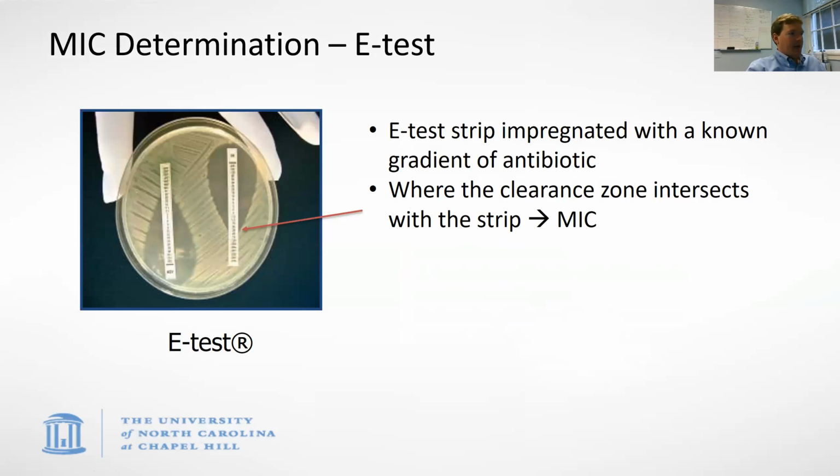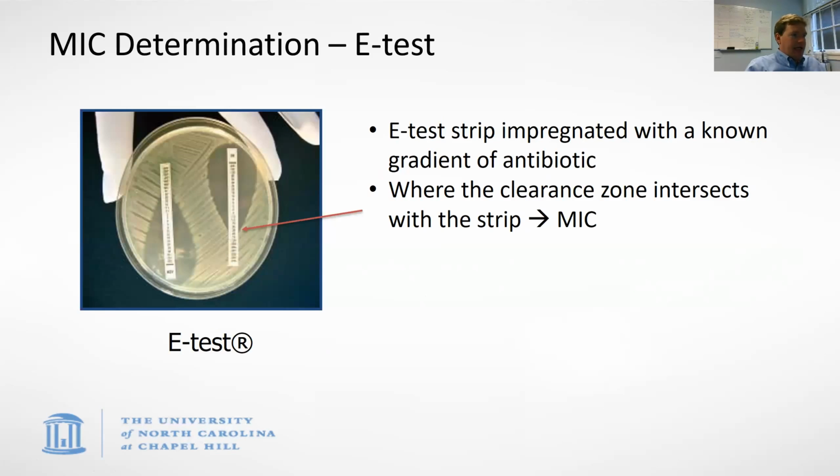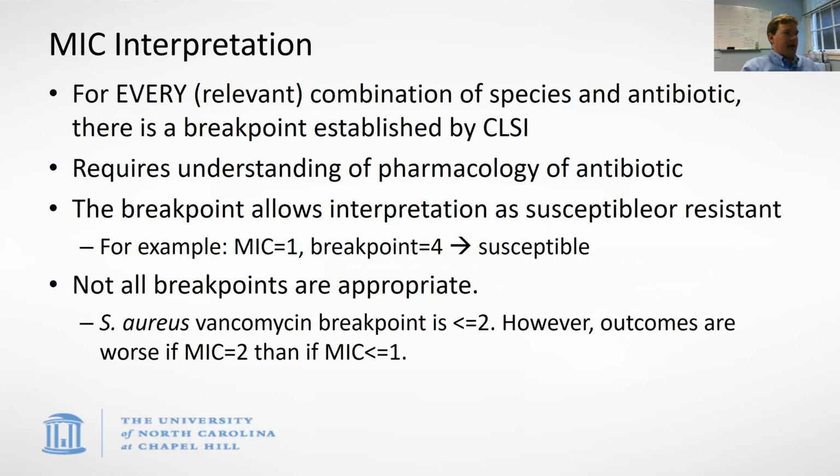And this is another way to do that, which just looks nice. This is called the E-test, and where the bacterial growth crosses the E-test strip, there's a little number there, and that tells you what your number is. So there are a few different ways that this can be done by micro labs, and it's sometimes helpful to us to know exactly what technique they used.